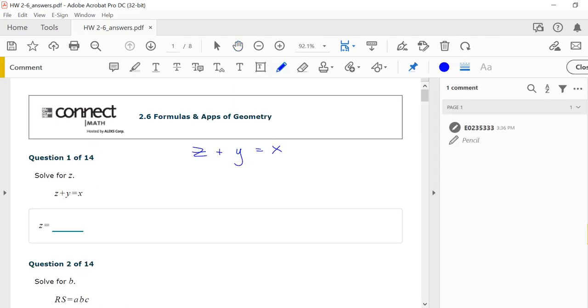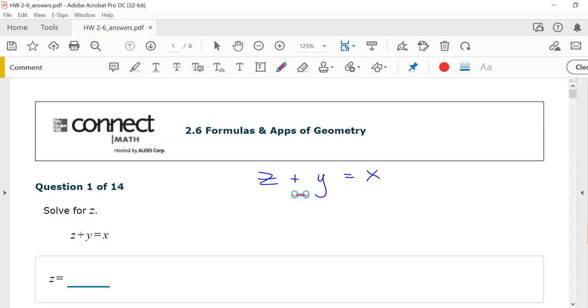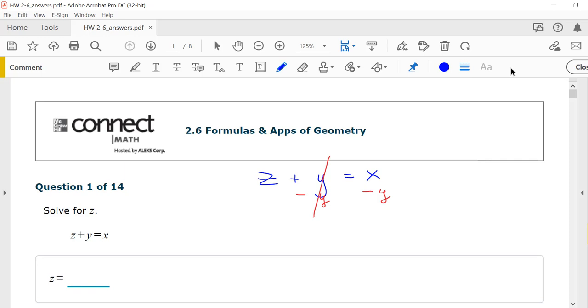So right now we're adding y to z, so I'm going to subtract y from both sides. That's gone. And now on the left-hand side, I have z, and on the right-hand side, I have x minus y. I cannot combine those because those are different terms. So that's it. Z equals x minus y.